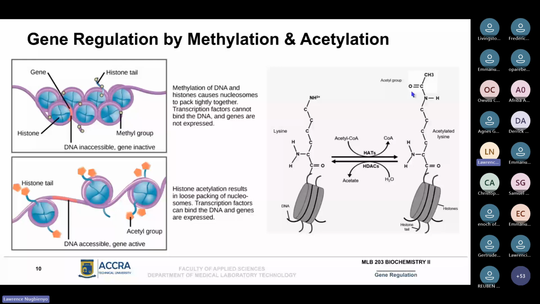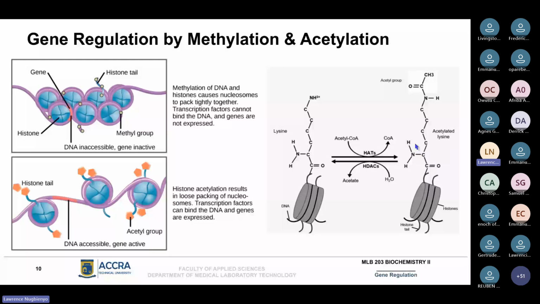When you see the acetyl group bound onto the lysine residue on the nitrogen of the extra amine group in the side chain of the lysine, you see that clearly the positive charge on that lysine group is lost. And if the positive charge on the lysine group is lost, obviously there will not be that attraction between the histone protein and the DNA molecule that is wound around it.